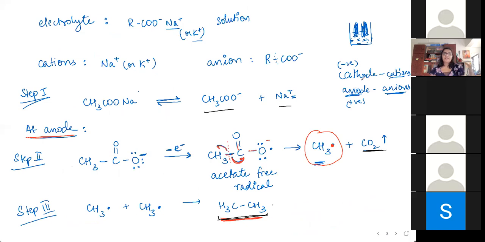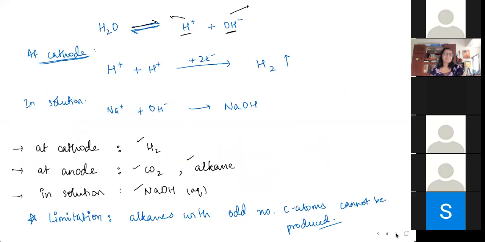If you have a really large molecule, it's going to take time for it to move in the solution towards the anode. So the reaction is getting slowed down again. Production of the alkane can happen only after the anion gets to the anode. If that's not happening, then you won't get your alkane. So theoretically it's possible, but it's going to be a little more difficult because of all these factors for higher order ones.